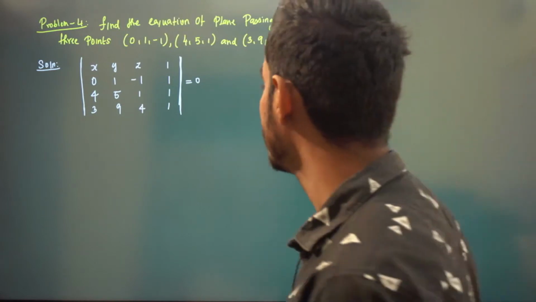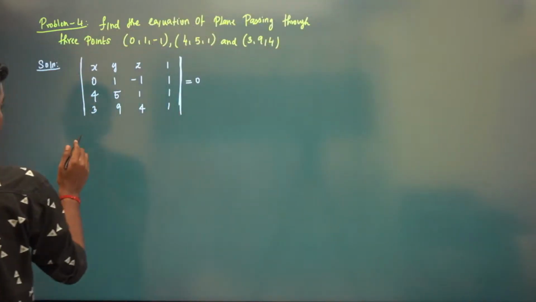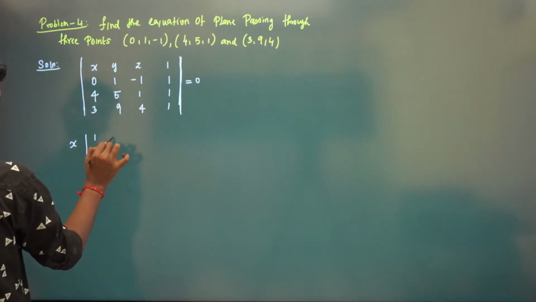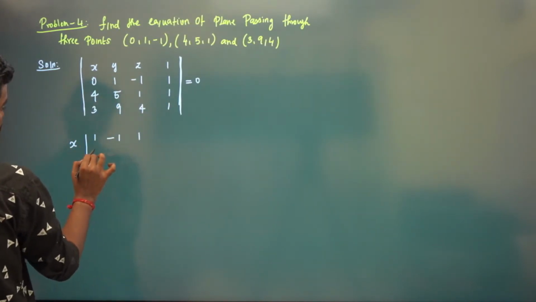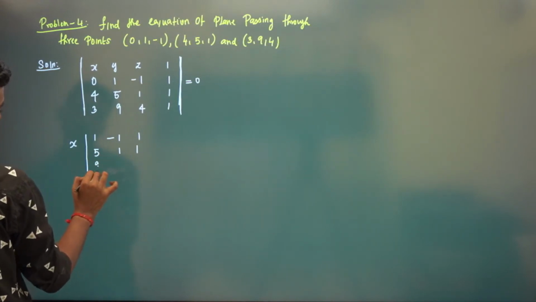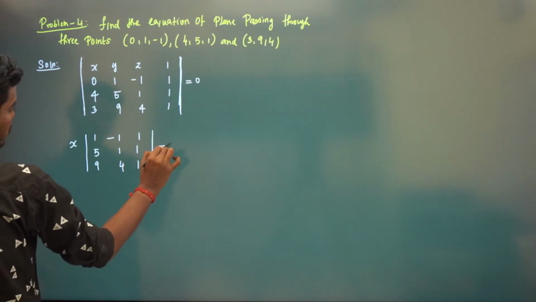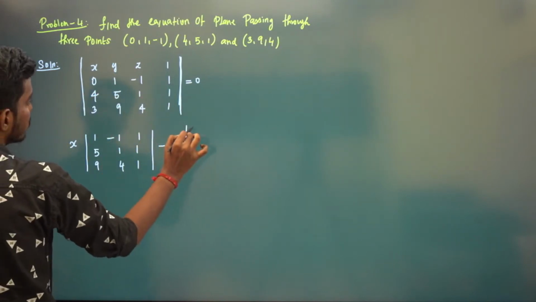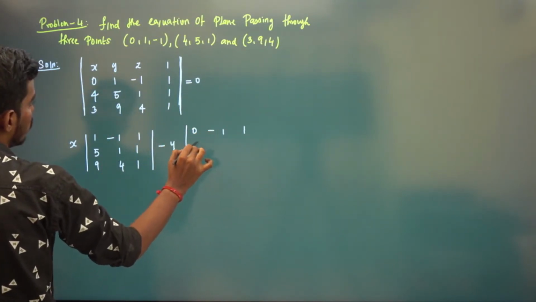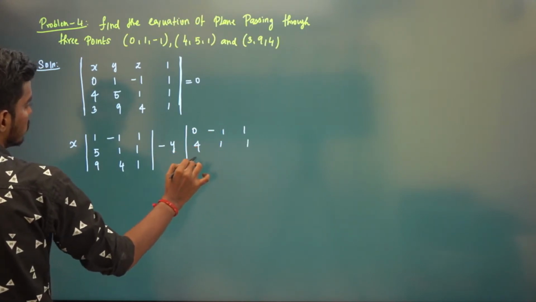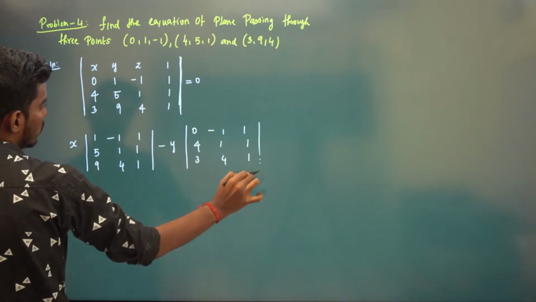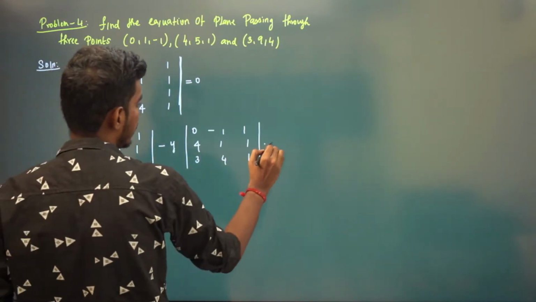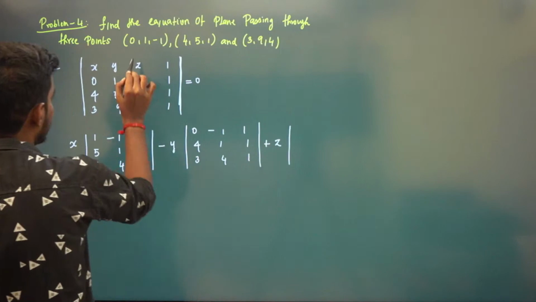Okay, so expand this. You will have x into the determinant 1 minus 1 1, 5 1 1, 9 4 1. The second has to be minus, this column, this row will vanish: 0 minus 1 1, 4 1 1, 3 4 1, right, plus z into this column, this row.